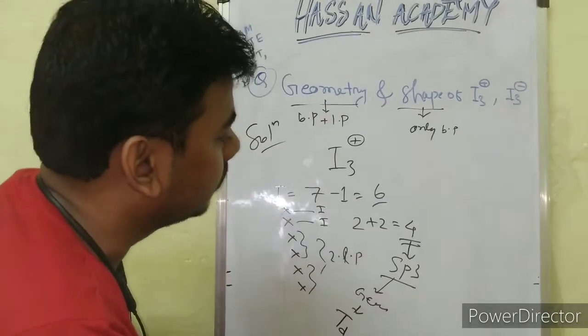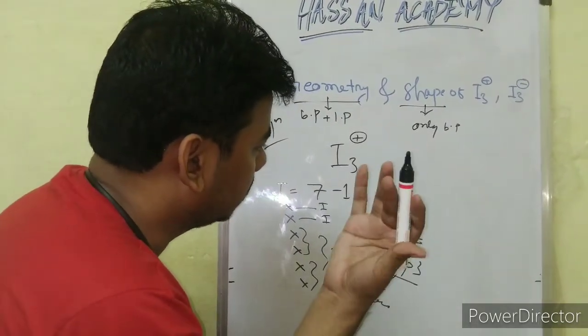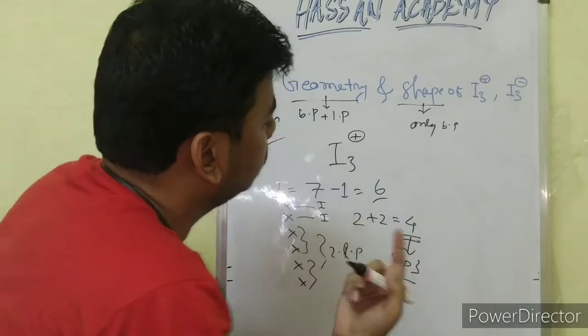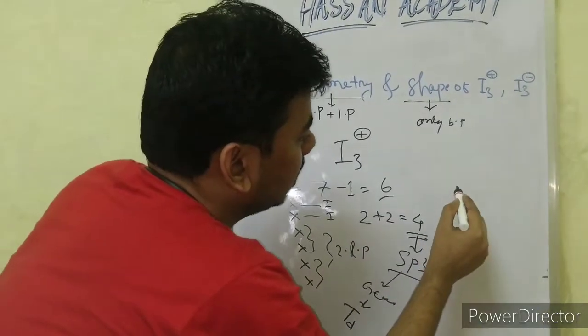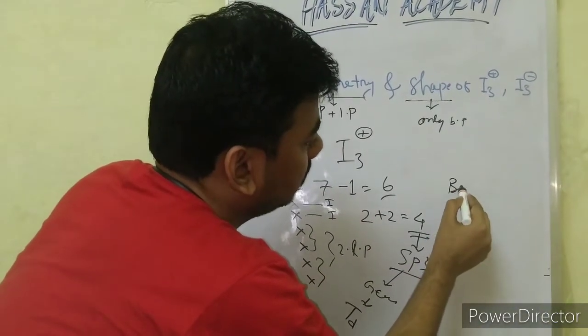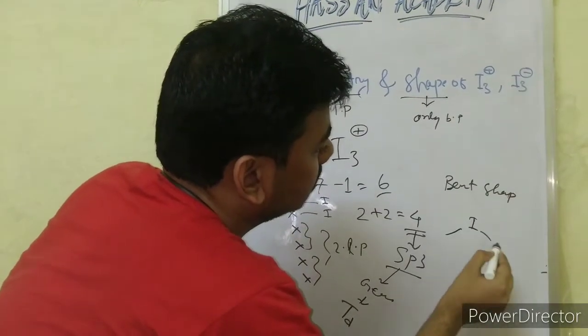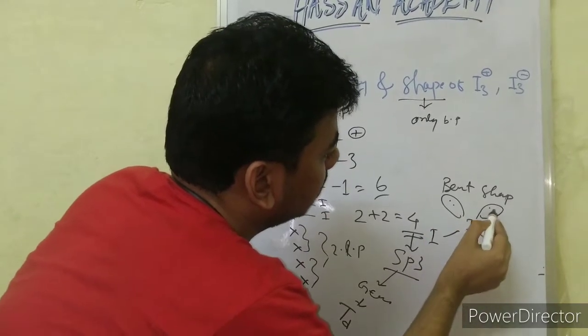But what about shape? For shape you should know the structure in detail. If 2 lone pairs are there and 2 bond pairs are there, in that case you will get a bent shape. You can write it like this: 2 iodine and 2 lone pairs, one here, one here.